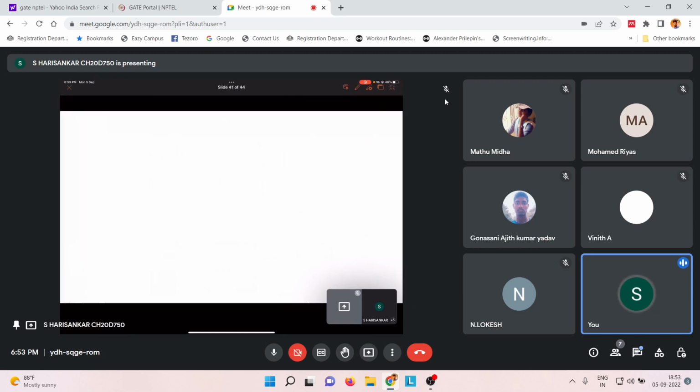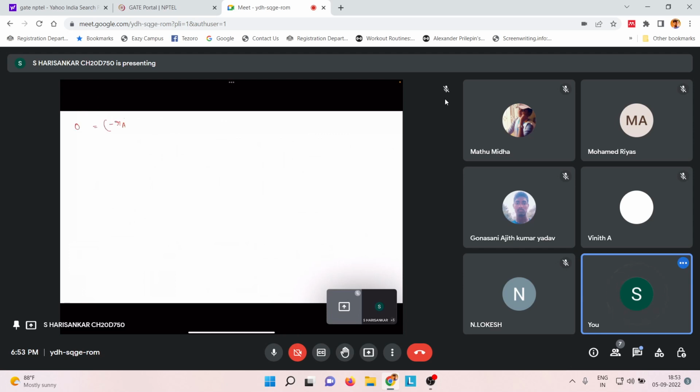If we rewrite this, 0 is equal to minus RA into V plus dNA by dt, or dNA by dt is equal to minus RA into V.